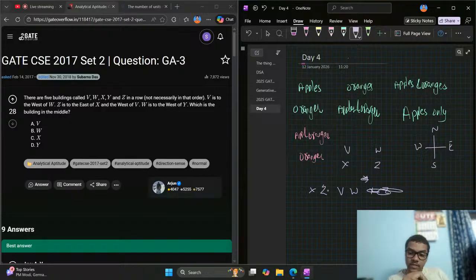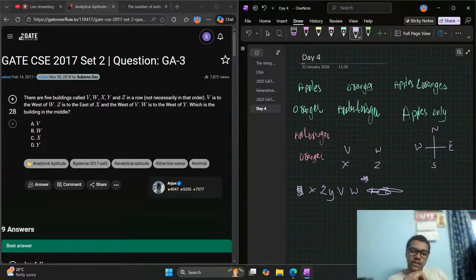Z is to be east of X and west of V. That's good. W is to be west of Y. Okay, Z is not given in the middle.